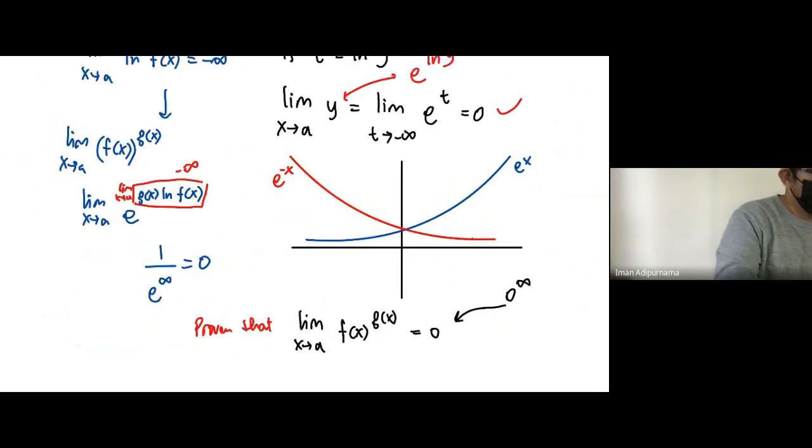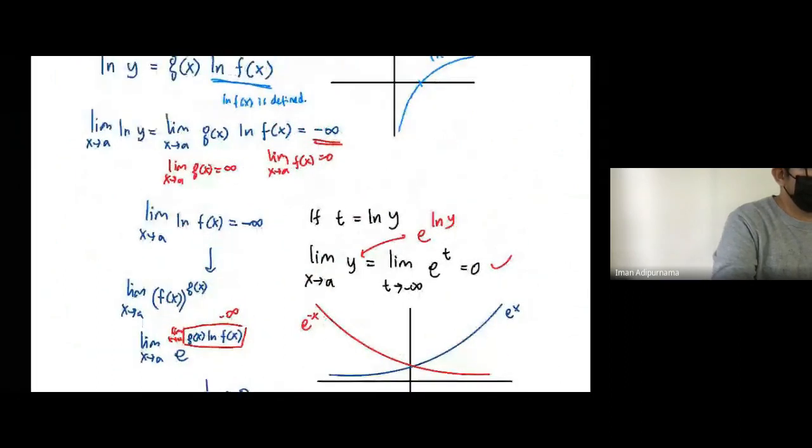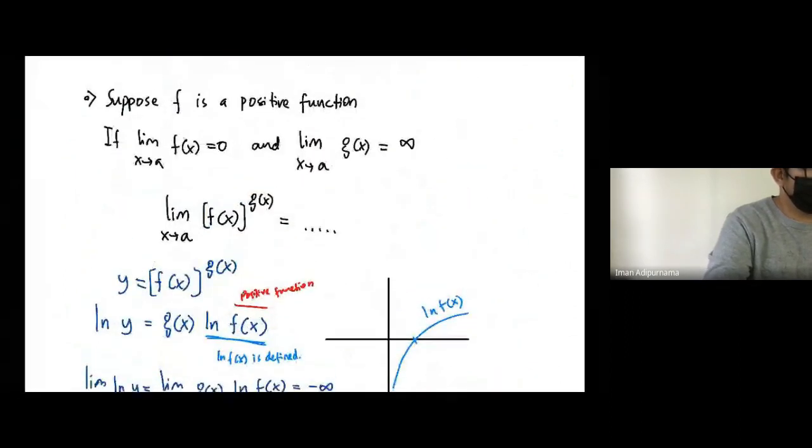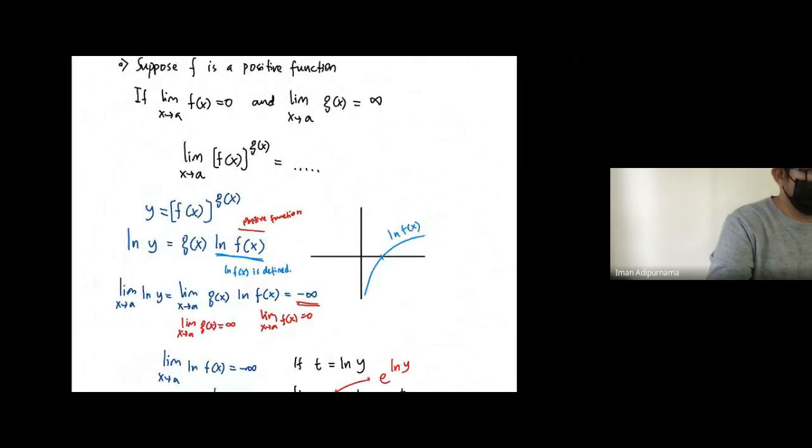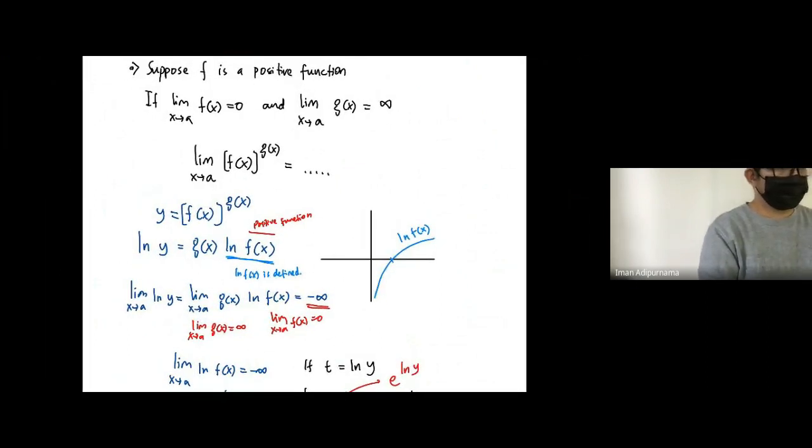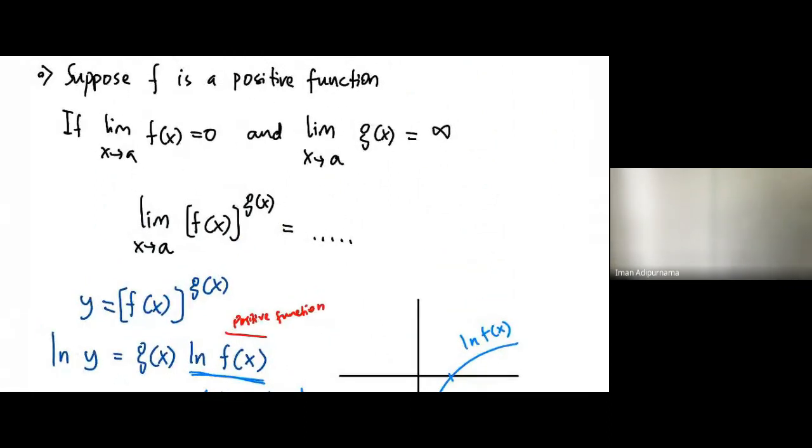Let me, if you want, take it from the beginning, maybe this first, so that you can have a bigger view. This is the information, or the assumption, that we make. f should be a positive function, and we already defined that the limit of f is 0 and the limit of g is infinity.